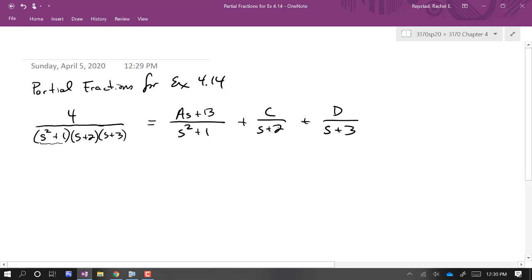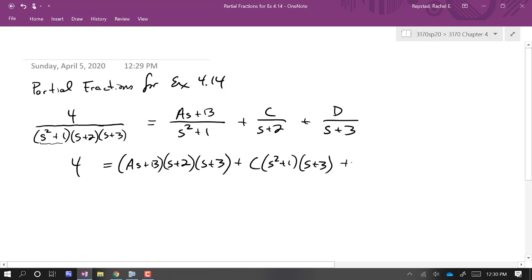We multiply through by the LCD, and we find that we've got 4 equals (as plus b) times (s plus 2) times (s plus 3), plus c times (s squared plus 1) times (s plus 3), plus d times (s squared plus 1) times (s plus 2).